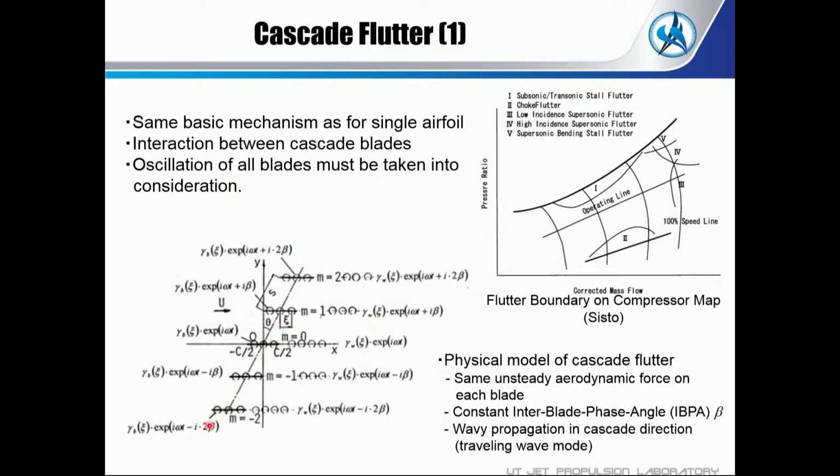This is an analytical model of the oscillating linear cascade. I'll show the details of this later. This is a flat plate blade here, and the next one and the next one. M is the blade number. The central one is M0, and M equals 1, 2, and -1, -2.